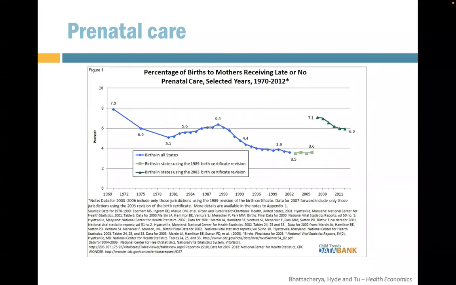And this ratio has been decreasing broadly, although there is a different scale of measuring if you're using a different kind of data. So this kind of explains why there's a decreasing infant mortality rate, because there's a decreasing percentage of mothers that don't receive prenatal care.